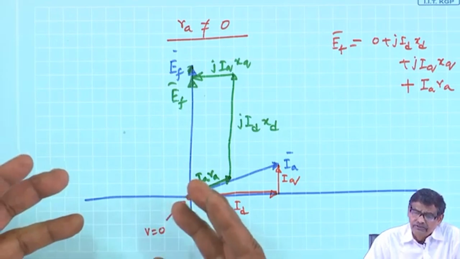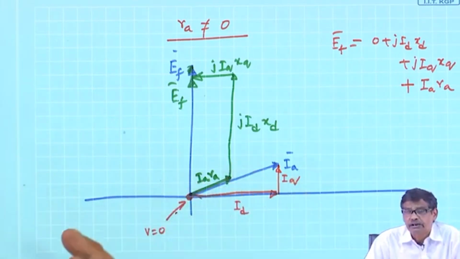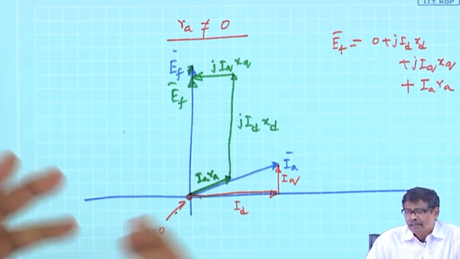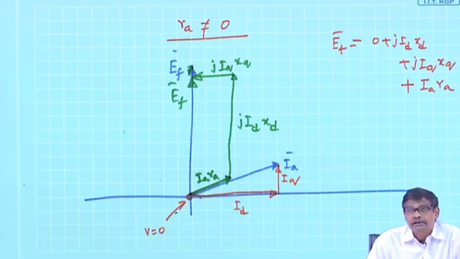And then the concept of rotating magnetic field, the basic principle of operation of the 3 phase induction motor, some ideas about its torque slip characteristics, which is very important, and equivalent circuit development.